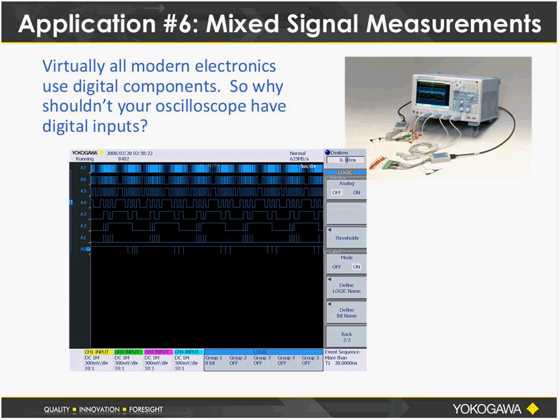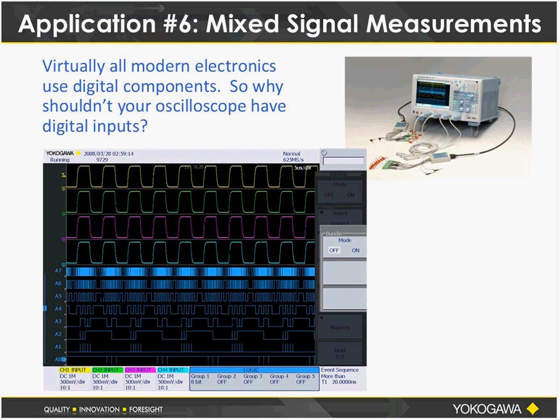And that's the nature of what you see on the market called mixed signal oscilloscopes. A mixed signal oscilloscope means that not only can you look at the analog side of an instrument, but you can look at it in combination with the digital side or digital bits of the instrument. So a mixed signal instrument will allow you to look at some logic and some analog inputs in combination.